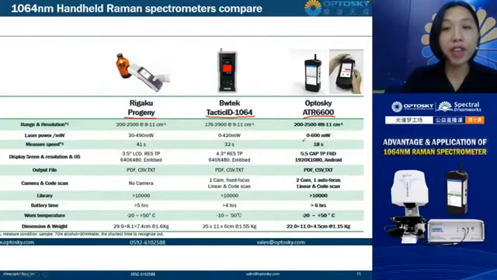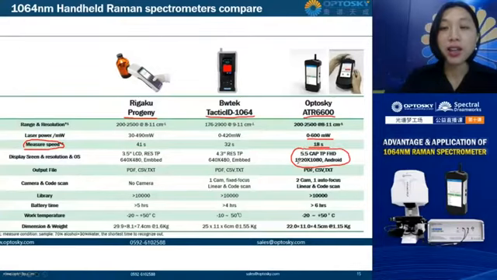We found some advantages, like we have a higher laser power, and especially this one, meter speed. This one only takes 18 seconds, so it's the fastest. And also not to mention our user-friendly big screen.